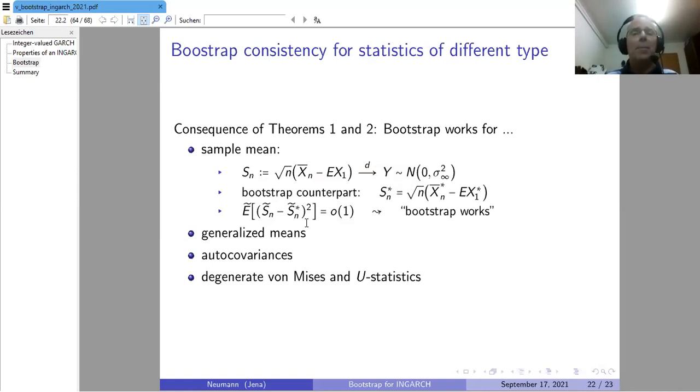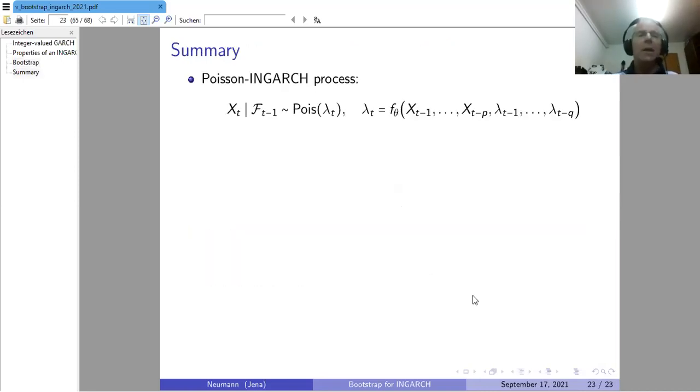We use this coupling result for the Bootstrap process and the original process, and use in addition the mixing property of the coupled count process. And having this, the proof of the Bootstrap consistency for these types of statistics is really not difficult.